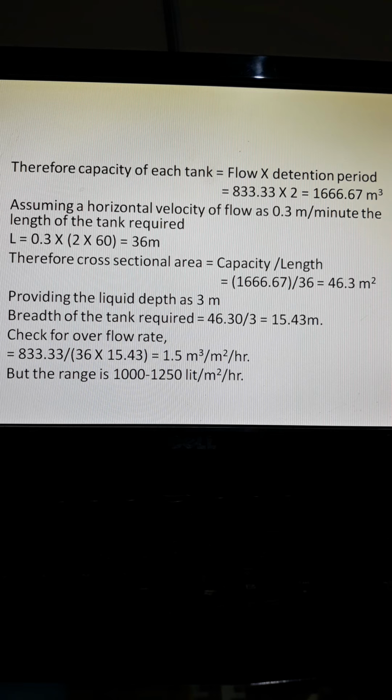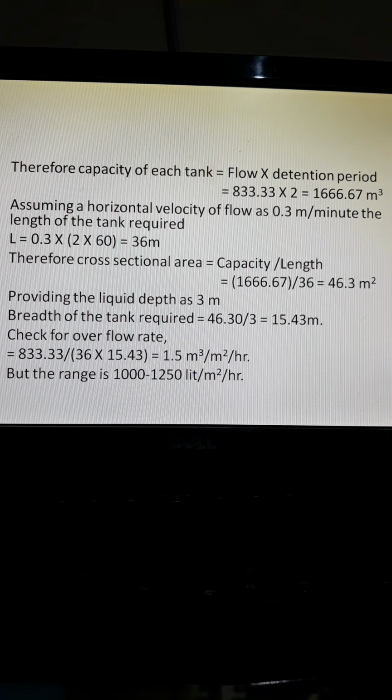The length of the tank required will be the distance travelled, and what is the distance travelled? It is the velocity multiplied by the time. That is, the length of the tank required will be the product of the velocity of the moving water in the tank and the time for which it is kept in movement.